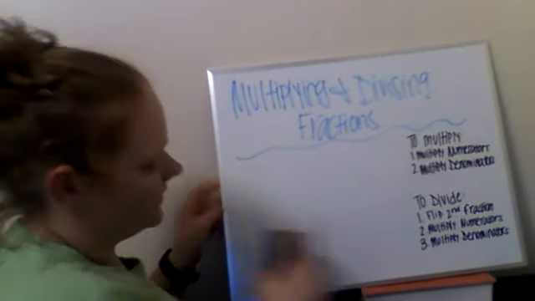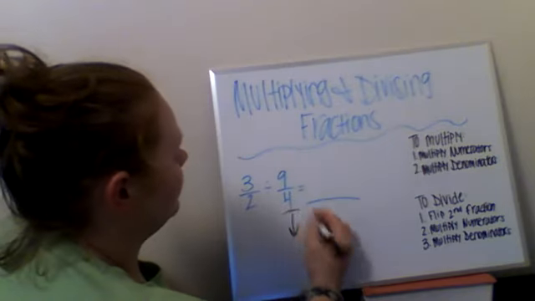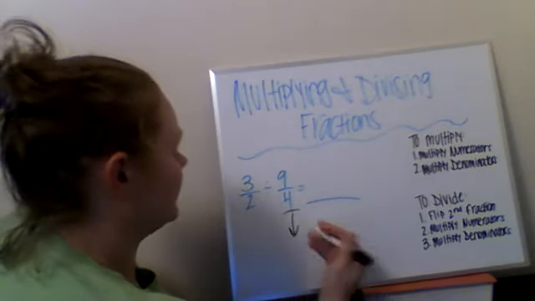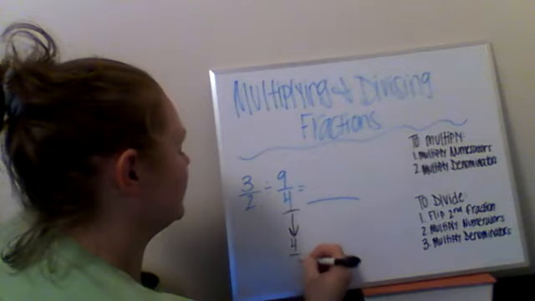All right. Let's look at another example before I try to trick you. If I gave you the example 3/2, I want you to divide 9/4. Look at my second fraction. I'm going to flip it. So instead of 9/4, it's going to be 4/9.